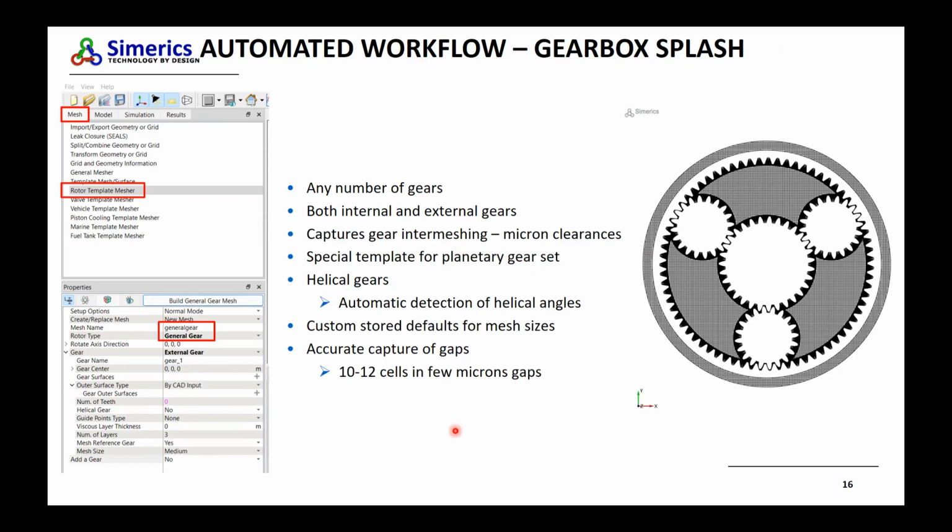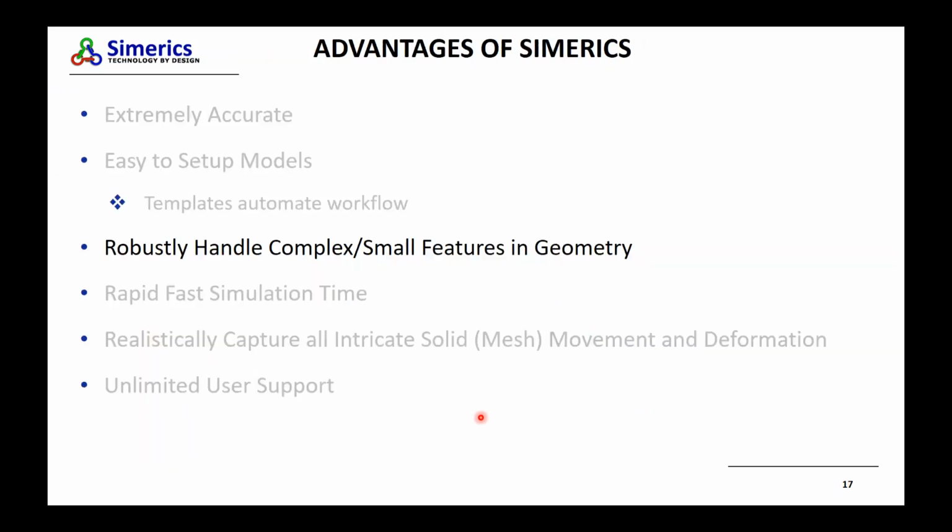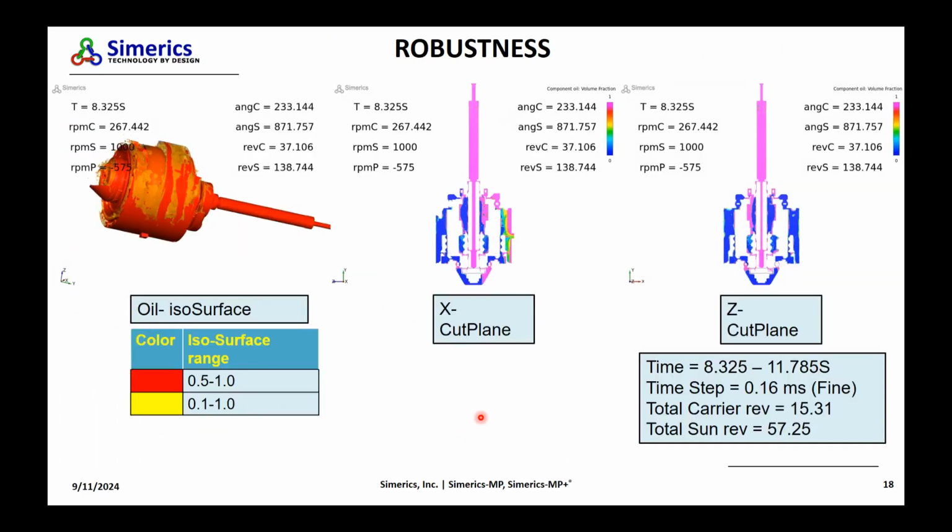Each cell can be a few microns or less than a micron, and still the simulation can run quite robustly. In terms of robust simulation handling, I'll show a panoramic view of what we can do in terms of this simulation. I'll talk about this case in a little more detail later, but what you're looking at is a transmission system, and we are filling the system and trying to understand the lubrication of it. So there are multiple levels of challenges here.